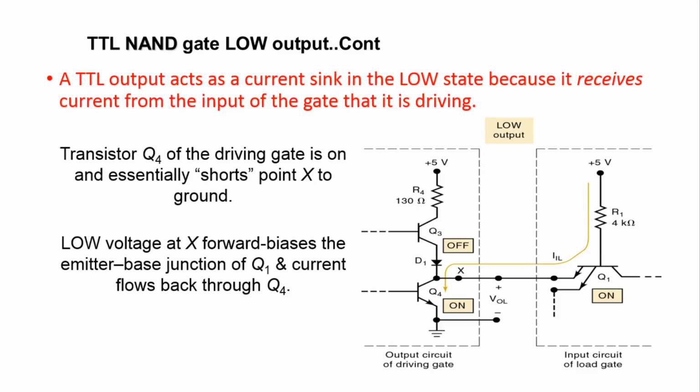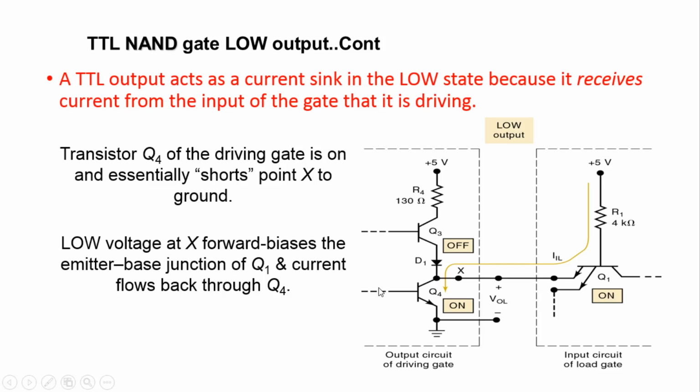A TTL output acts as a current sink in a low state because it receives the current from the input of the load gate. Transistor Q4 of the driving gate is on, essentially shorting point X to ground.